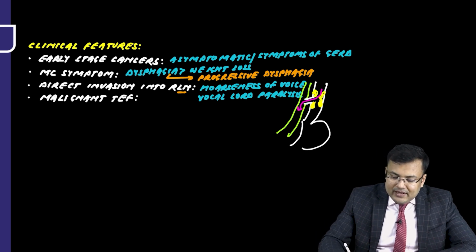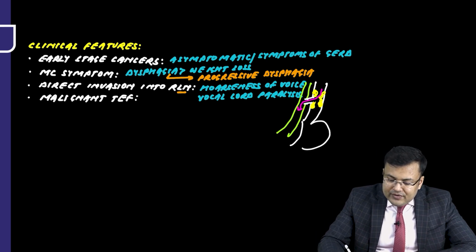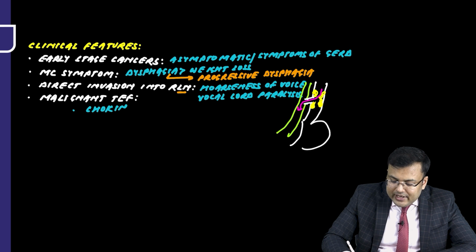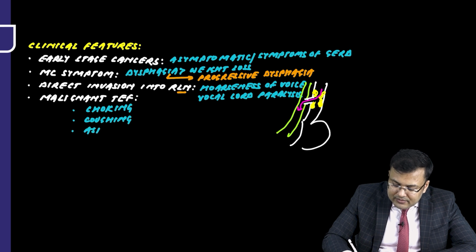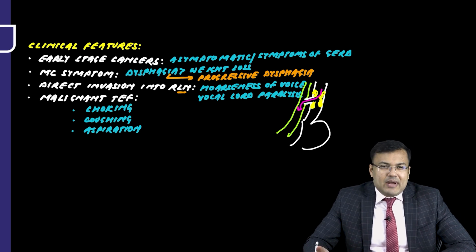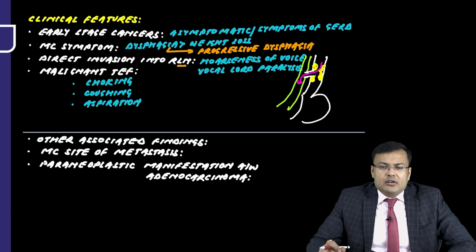So patients who have a malignant tracheoesophageal fistula, what are the manifestations here? The patient will have choking, coughing, aspiration. Apart from these symptoms, what are the other associated findings?